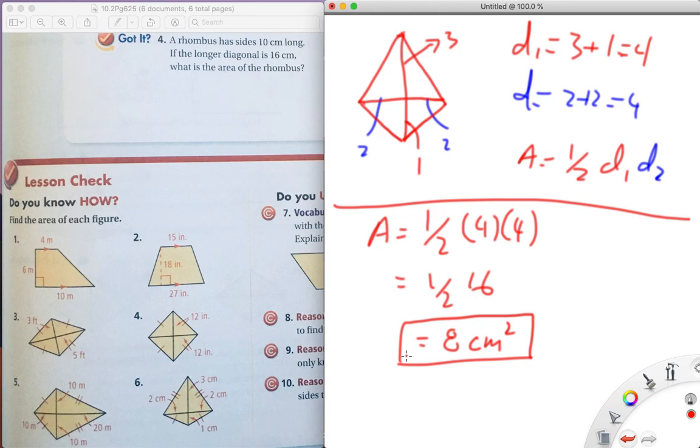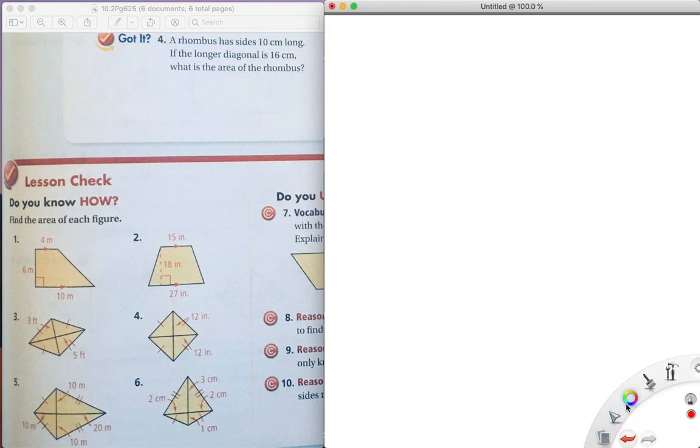All right, so there you have it. Those are your equations for trapezoid, kites, and rhombuses. So remember that for a trapezoid, your area is 1/2 the height times the sum of the bases.